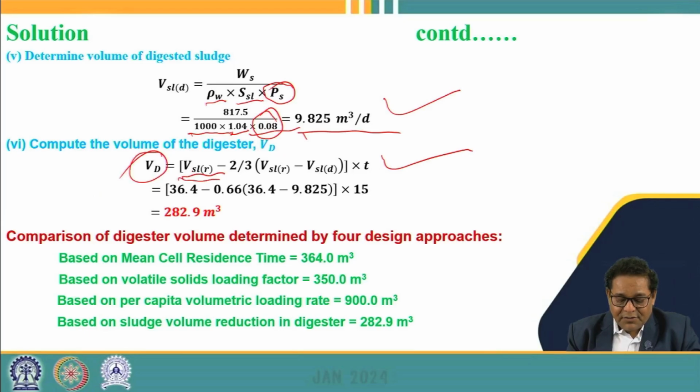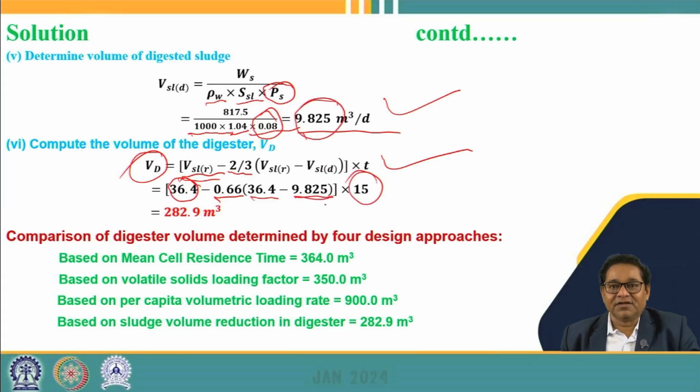We replace the volume of the raw sludge, which is 36.4, and then 2 by 3, which is 0.66, times the volume of the raw sludge, 36.4 again, minus the volume of the digested sludge, which is 9.825, and then multiplied by the detention time, which is 15 days. By multiplying this, we get a value of 282.9 meter cube, which is the lowest value out of the 4 approaches.